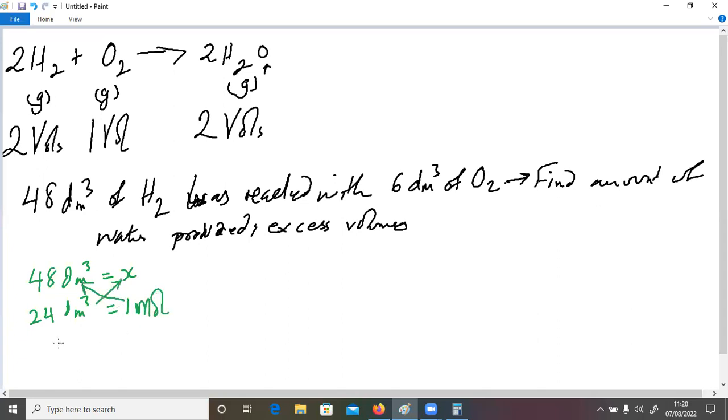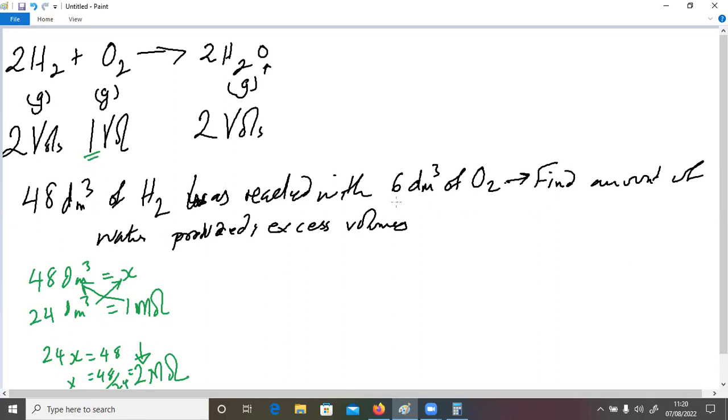So if I cross multiply, I get 24x is equal to 48. So x is equal to 48 over 24, which is equal to 2 moles. This tells me that I have 2 moles of hydrogen gas. If I have 2 moles of hydrogen gas, it means I must have 1 mole of oxygen gas.